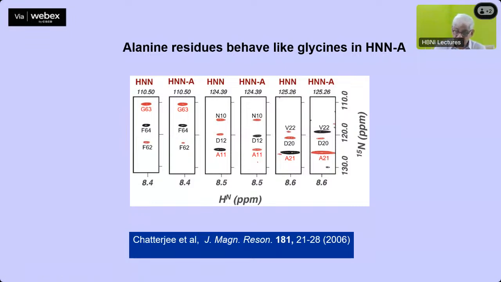Similarly here A21. In the HNN, it's not affected. The A21 is like that, and D20 and V22, the two sequential peaks, are negative. But in HNNA, you see A21 has become negative, the sequential next one has become positive, and the previous one is negative. These sorts of patterns you can generate by these pulse sequences.